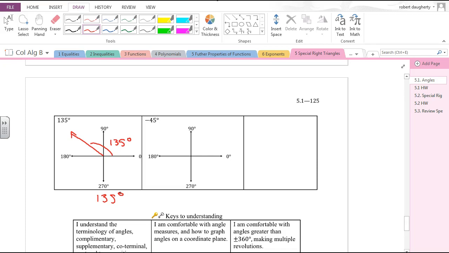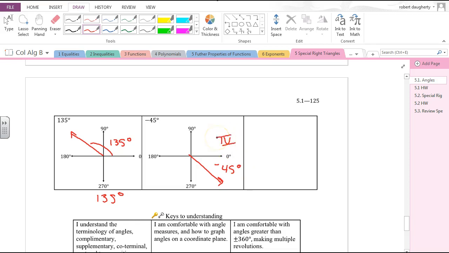Let's look at this one, negative 45. I start here, but which way do I go? Clockwise, okay? So this angle is going to be like this. That's negative 45 degrees, okay? So this is in the 4th quadrant.